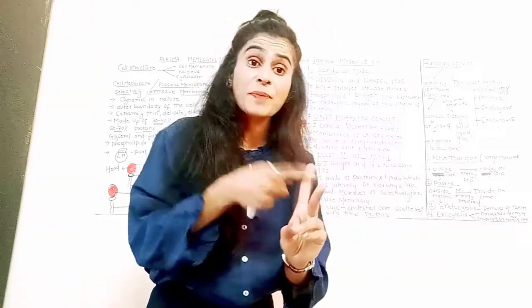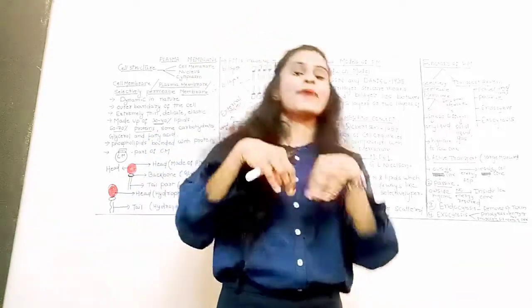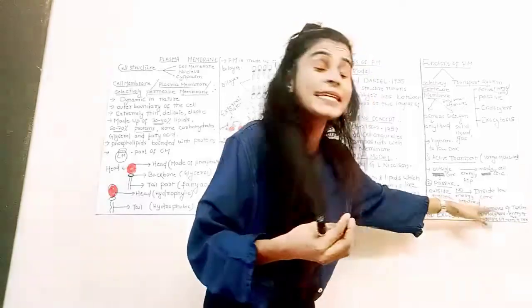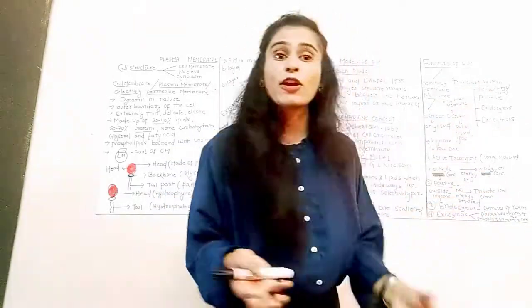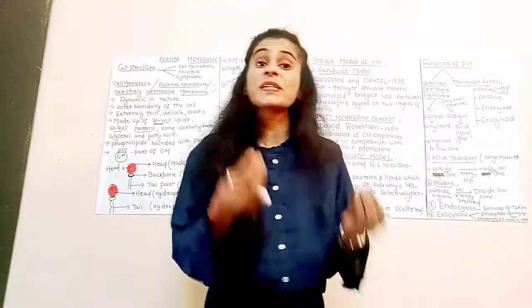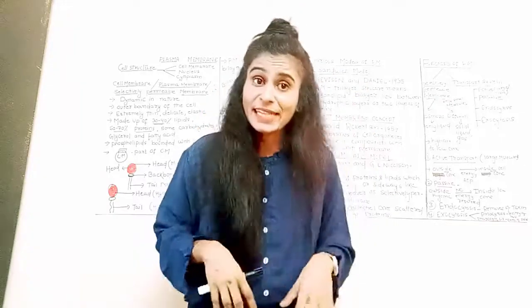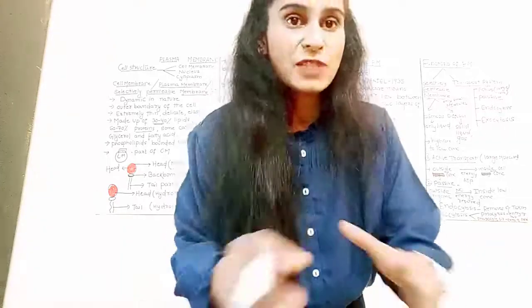Pinocytosis means it will take only liquid, the entry of water only. They are called cell drinking. And phagocytosis means entry of only solid. They are called cell eating. So these are the various functions performed by our plasma membrane.